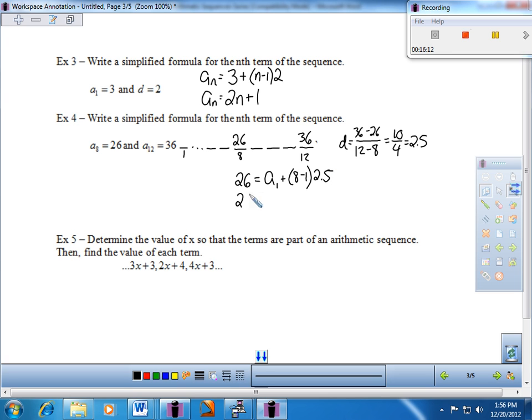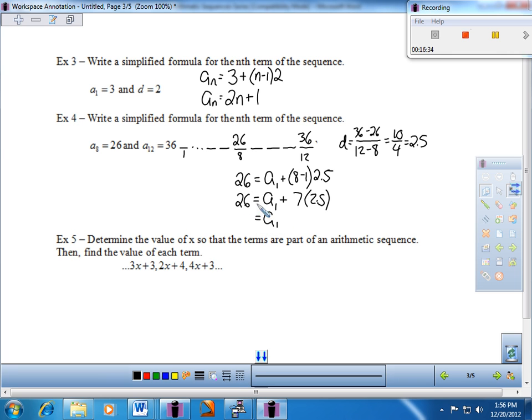And so you can start to get a sense of what this is going to do mathematically, I'm hoping. We're just going to take 26 minus 7 times 2.5. And when we do that, let me see if I have this piece. It looks like we end up getting 8.5 when all's said and done.